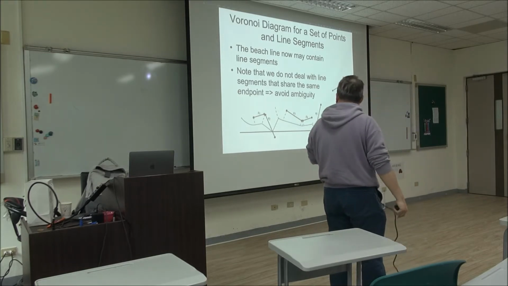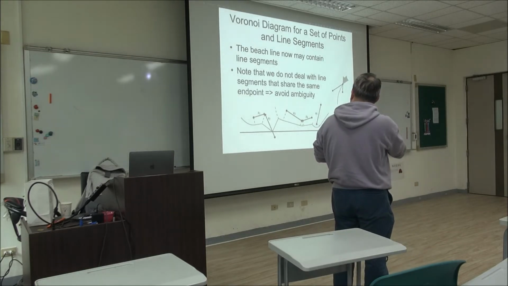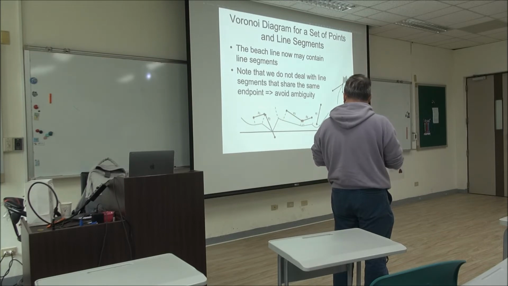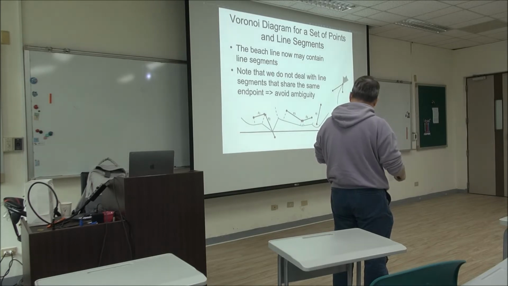The beach line turns out to be fine. You can see this is an example of our beach line. The L basically represents the same L. In this figure we have S1, S2, S3, S4, and S5.